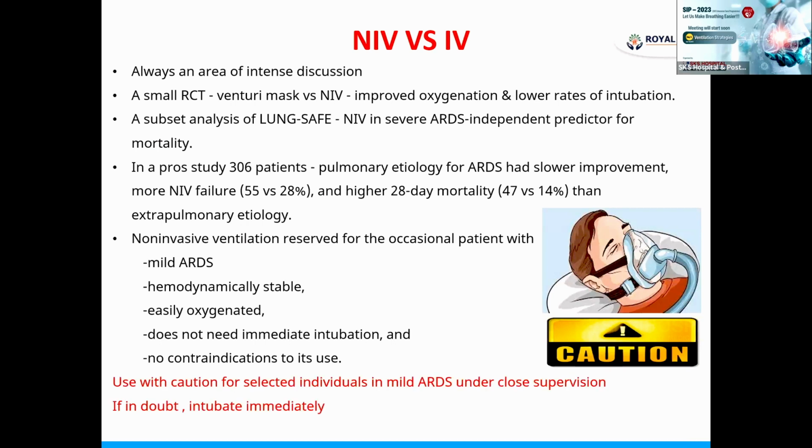But the note of caution is that it has to be used for selected individuals, mild ARDS, under close supervision in ICU. Anytime, if in doubt, intubate immediately. Do not prolong NIV in a patient with ARDS. Those who get ventilated after prolonged usage of NIV, definitely their mortality is going to be high.